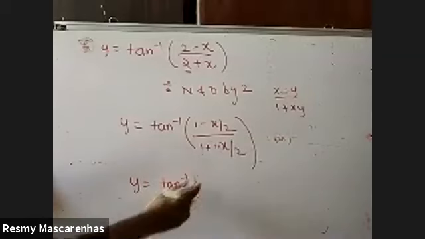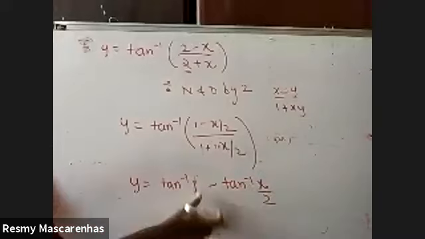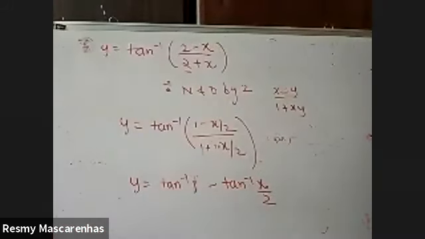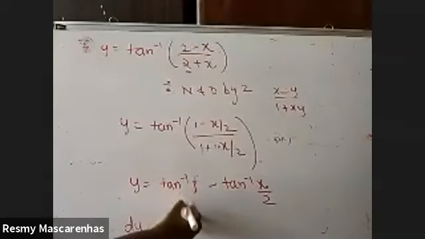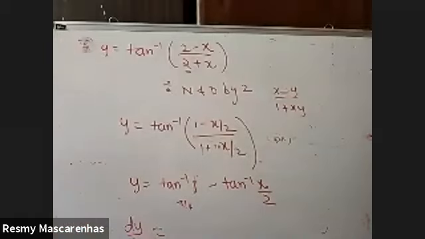So this will be tan inverse of 1 minus tan inverse of x upon 2. And now take the derivative. So what will be tan inverse of 1? Pi by 4. Or directly also, if it's a number, the derivative of tan inverse 1 is straight away 0.